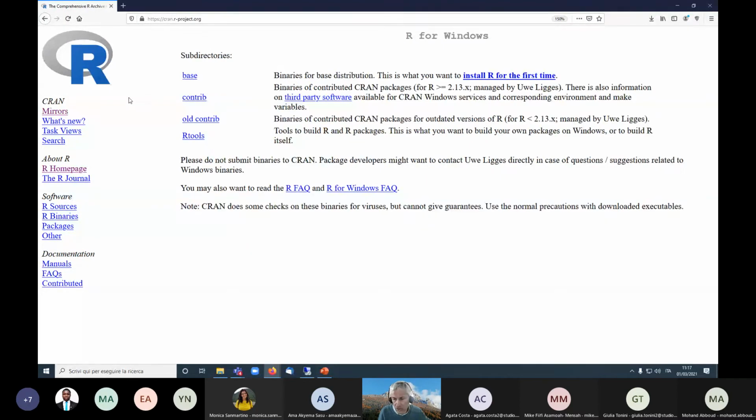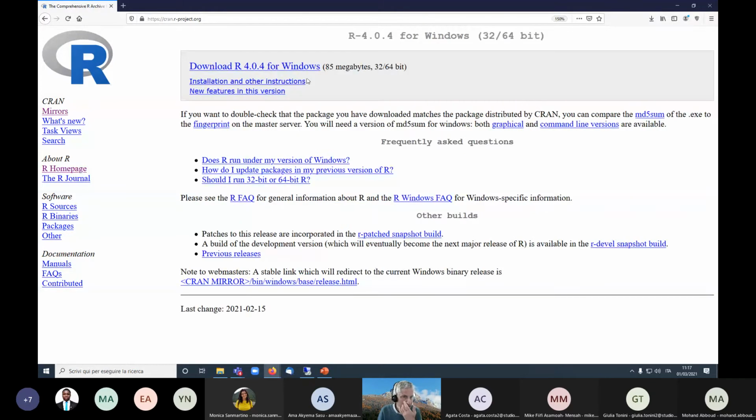And then you get to this new page. You have to click on Base. This is the only package that we need. If you click on Base, you get a new page. Be patient with the clicks. And you see here, download R for Windows, 85 megabytes. Let's click on it.